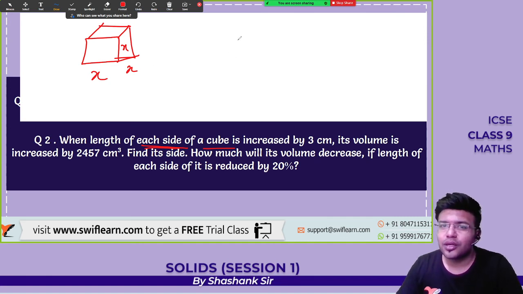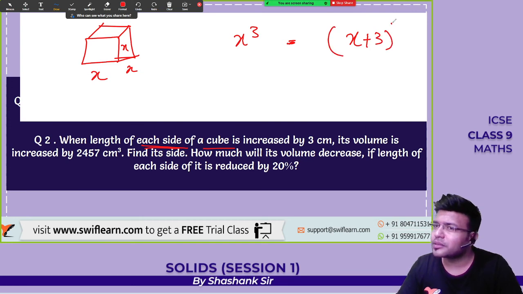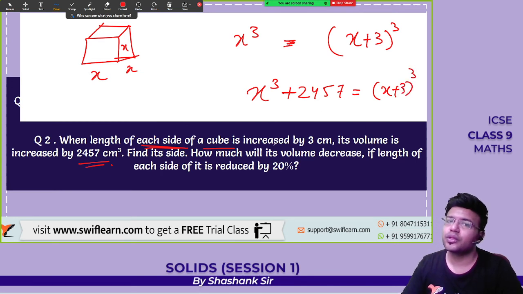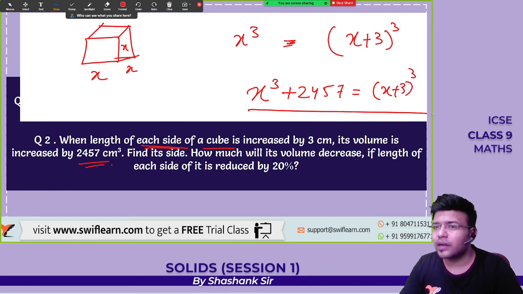See, the volume before is x cube. After increasing the side to x plus 3, the volume becomes x plus 3 whole cube. Now the new volume increases by this. So old volume x cube plus 2457 is equal to x plus 3 whole cube. Find its each side. Now equate this cubic equation.